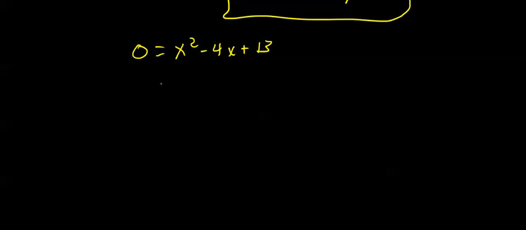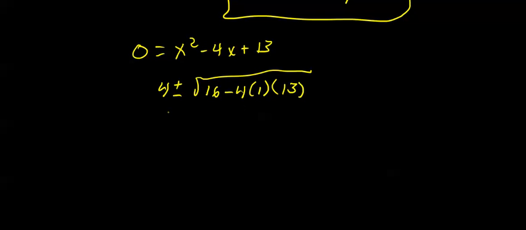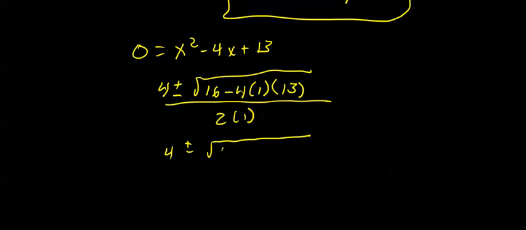Opposite of b, 4, plus or minus the square root, b squared, negative 4 times negative 4 is positive 16, minus 4 times 1, 4ac, times 13, all over 2 times 1. We have 4 plus or minus the square root of 16 minus 4 times 13 is 52, all over 2.